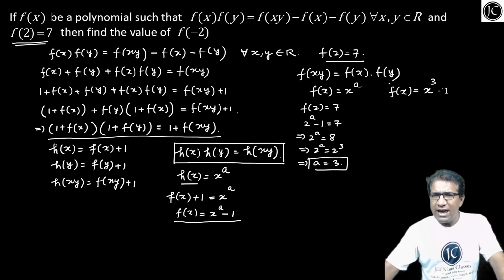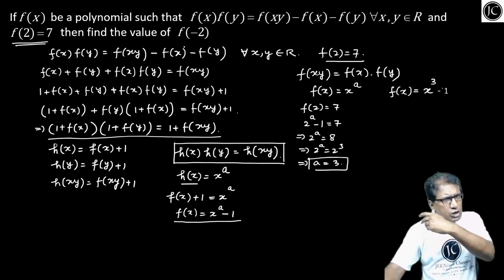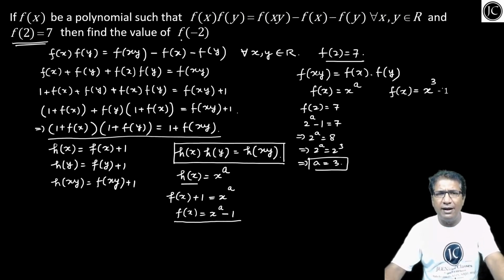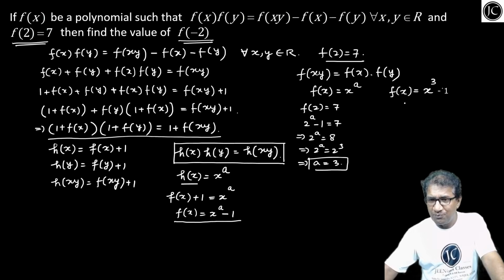Is it clear? So fx is x cube. अभी बोला है क्या, कुछ भी बोले निकालना बहुत ही सिंपल है। वो लोग बोला है कि फाइंड द वैल्यू ऑफ f of minus 2.